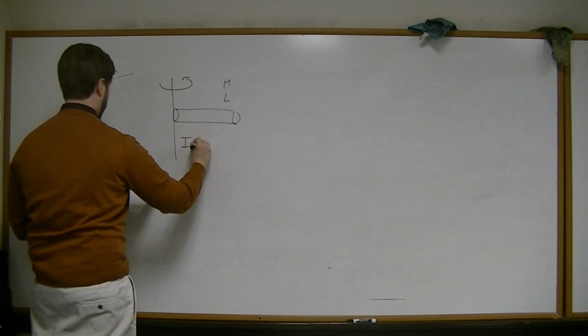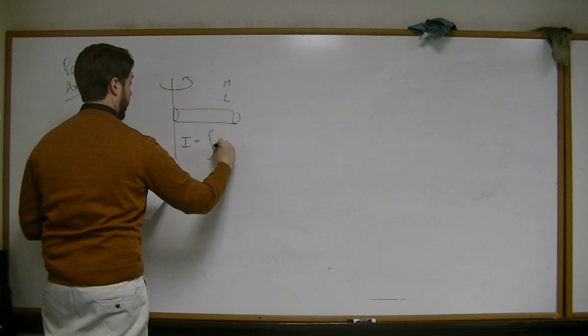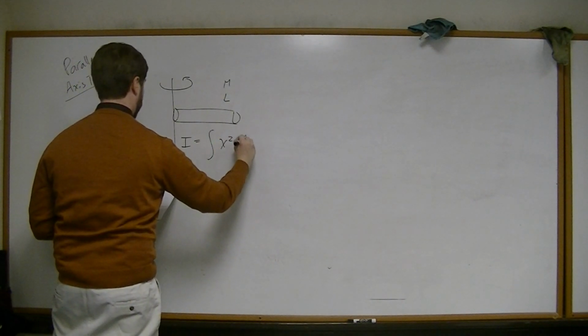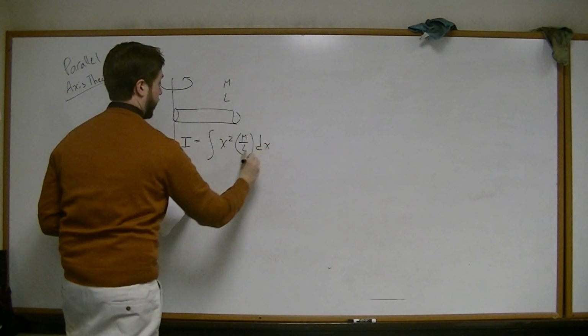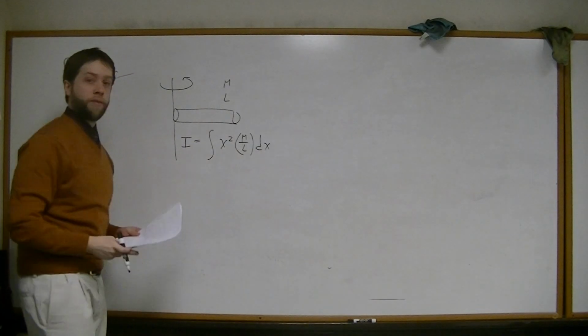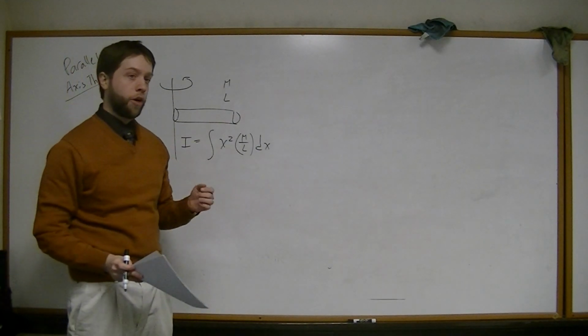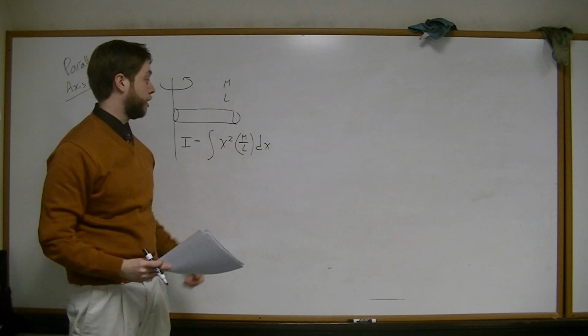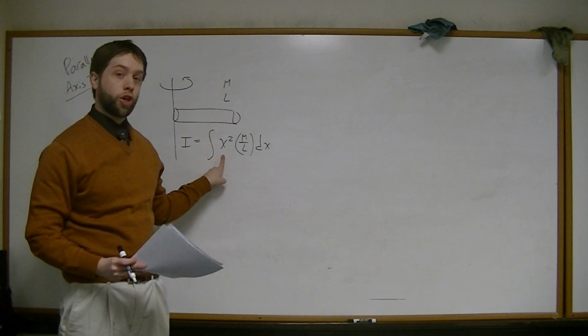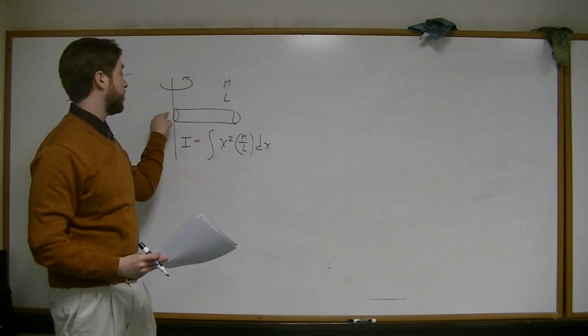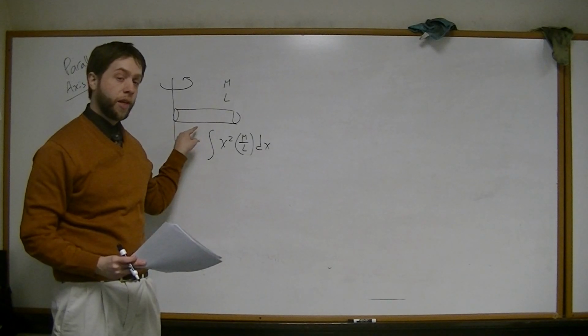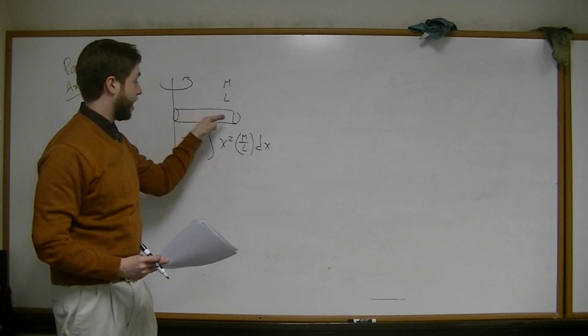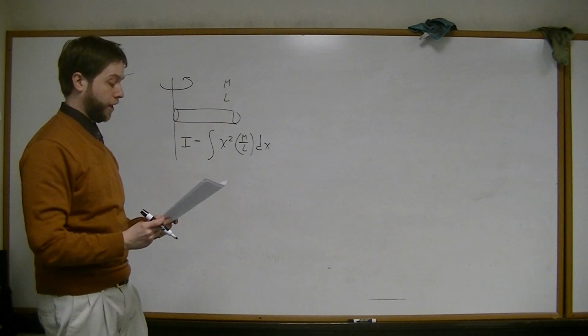It should start out as the integral of x squared m over L times dx. This was what we used to get rid of that dm term because we're integrating over mass. Technically, we wanted to integrate over length. This x squared term comes from the r squared term, our distance away from the rotational axis. And in this case, we are using the x-axis as our determining factor there.